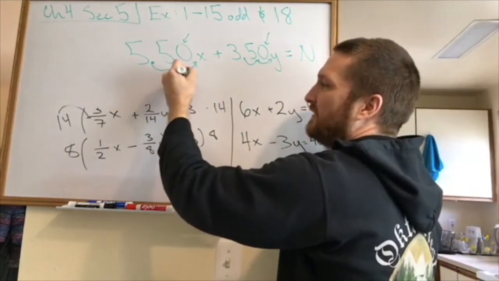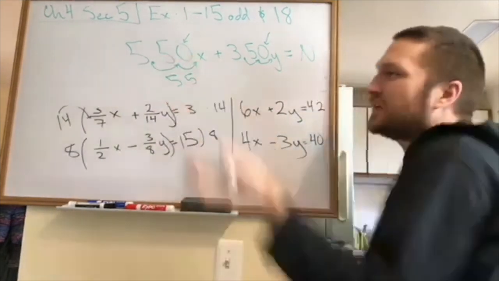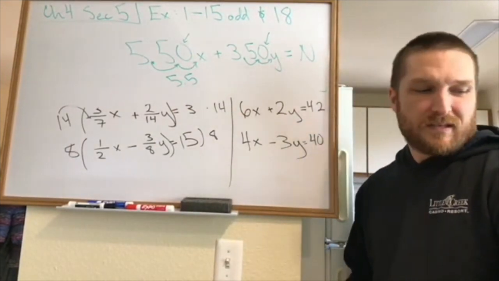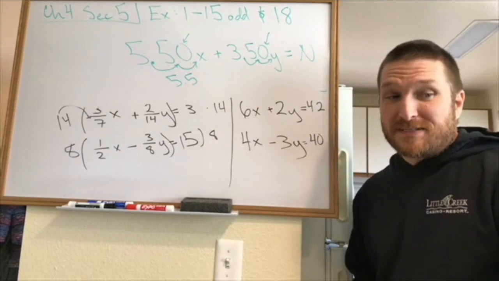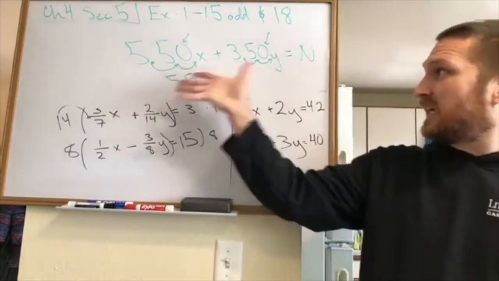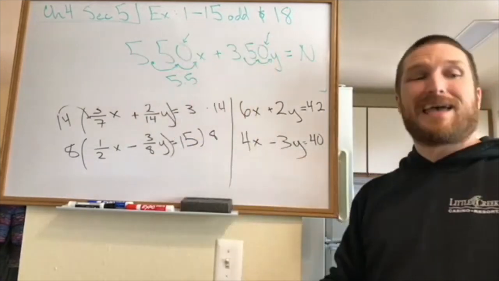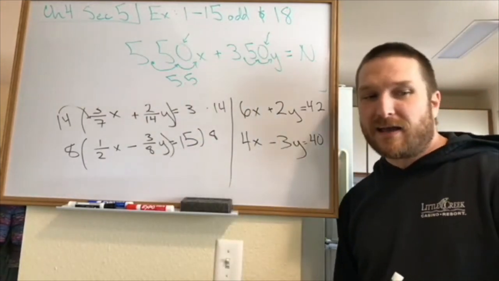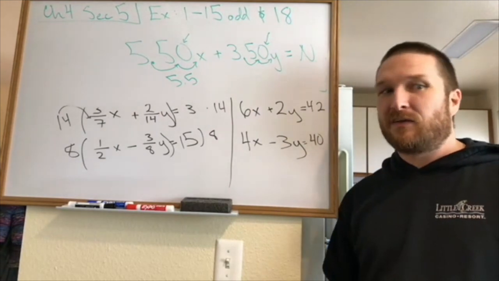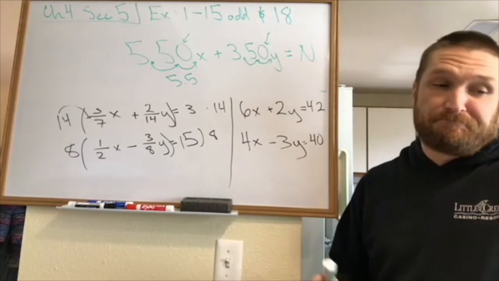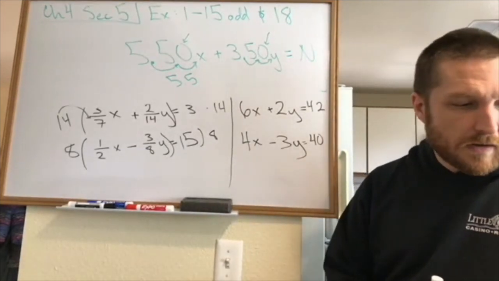You have a 5.50, but you don't even need to write the 0 in that case. If you did go overkill and you did it consistently and you moved it 2 places or 5 places or 10 places, you'd end up with the right answer. It's just your numbers are going to get ridiculously big and it's going to be harder to deal with. But there you go. I think that's it.